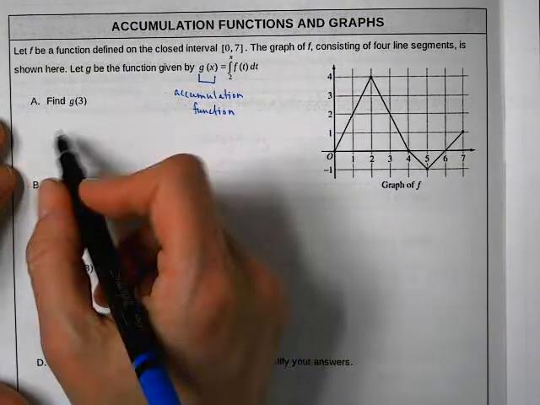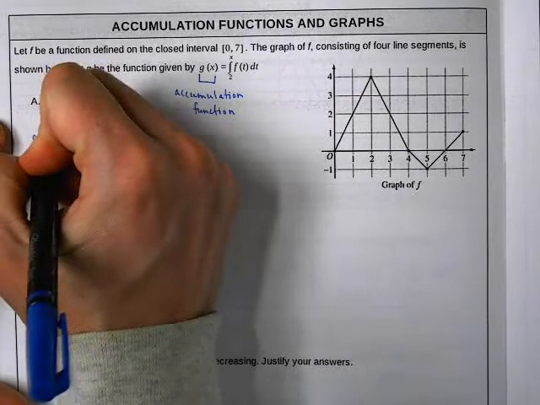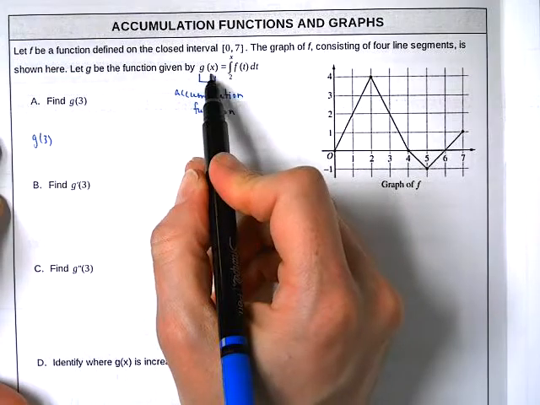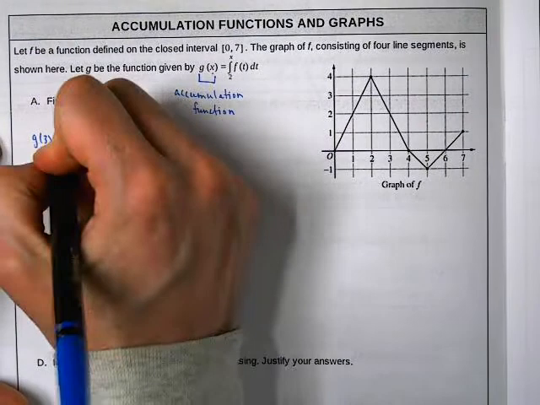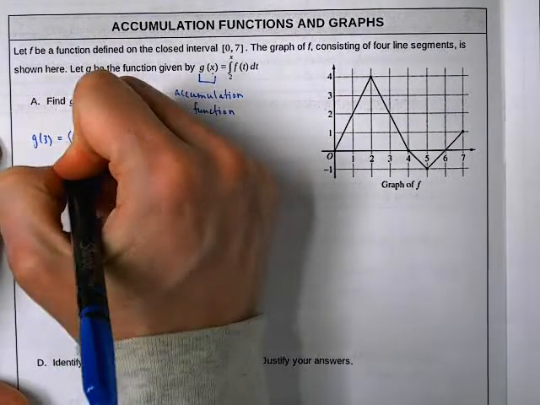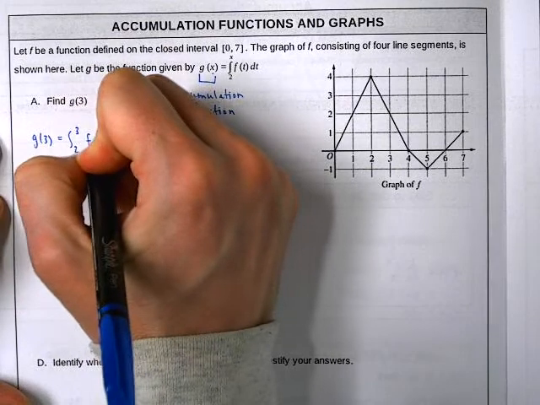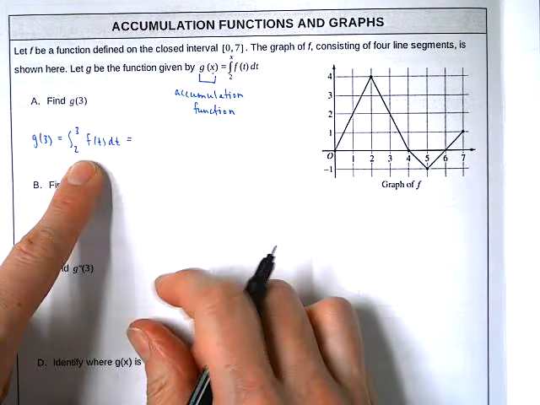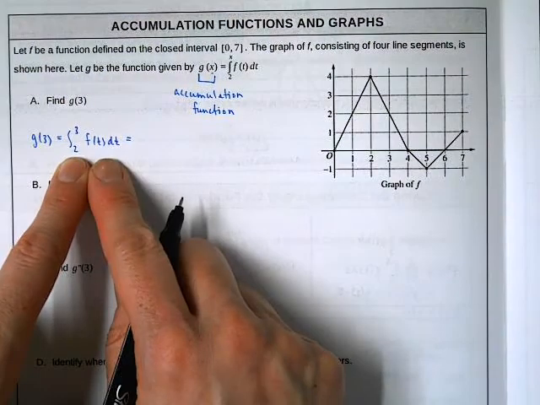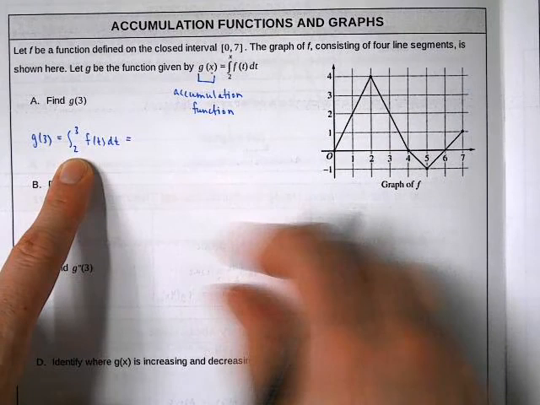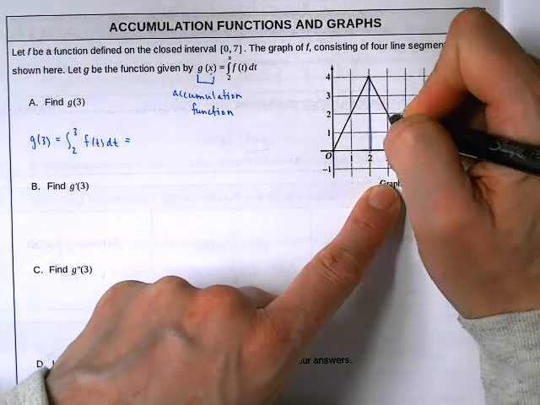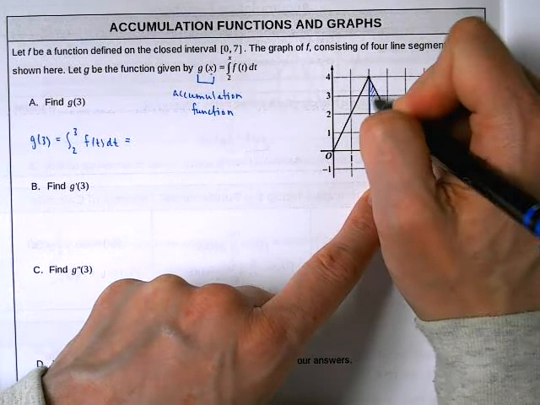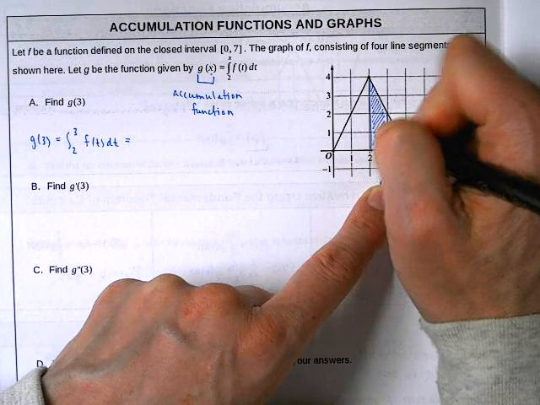So if you remember, if I want to find g of 3, my function is defined here, g of x. So instead of x, I'm going to substitute a 3. So that means this is the integral from 2 to 3 of f of t dt. Now remember, when we have an integral here and we have a graph, this integral just represents an area. So it's the area between x equals 2 and x equals 3, so this shaded area here.